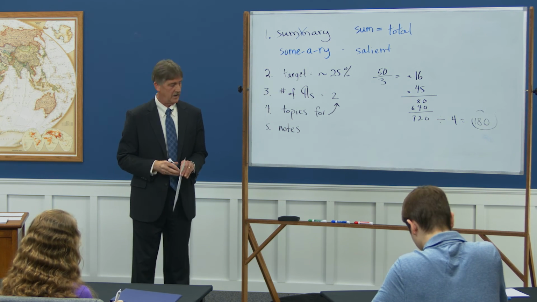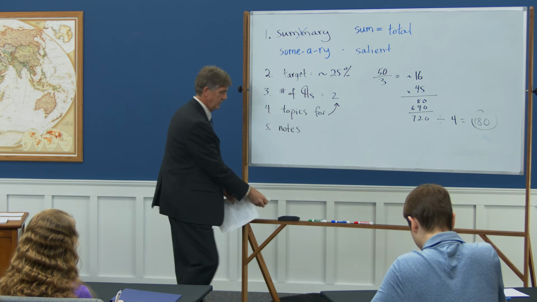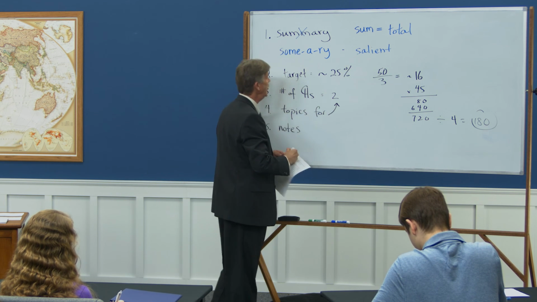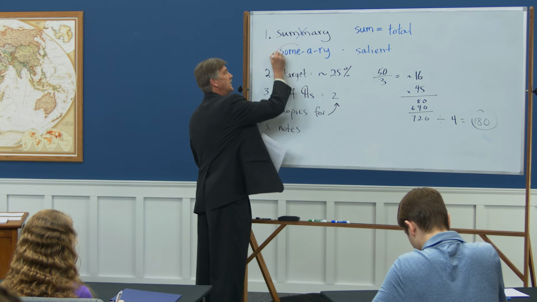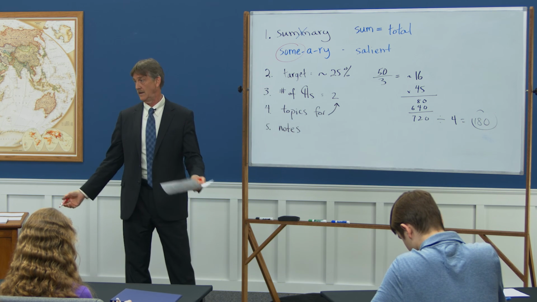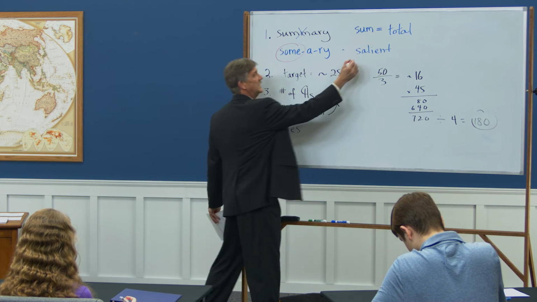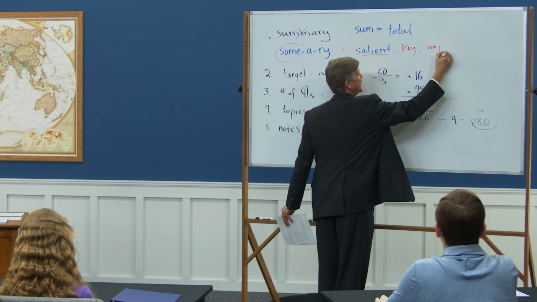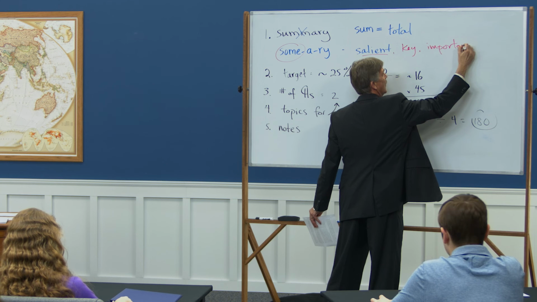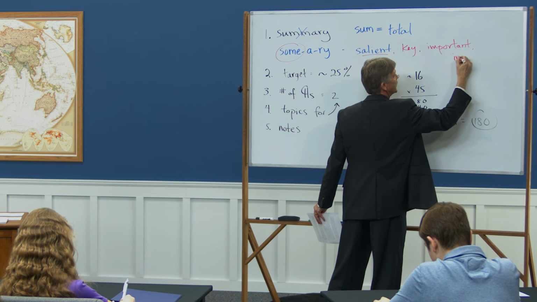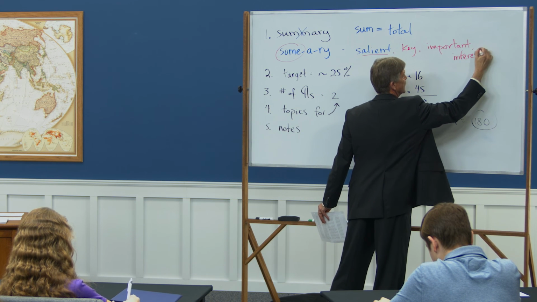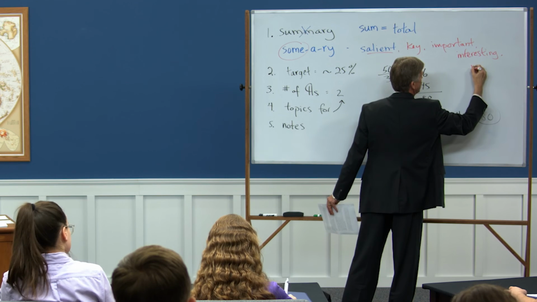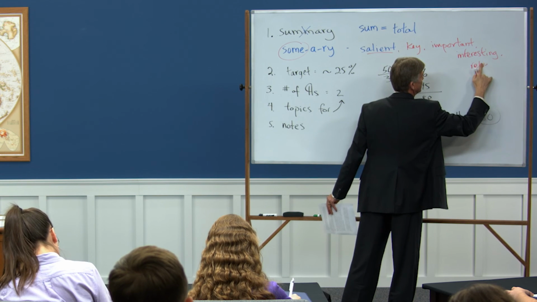Now, the trick of summarizing, of writing a summary, is to figure out which sum of it you're going to tell. The salient, the key ideas, the most important, or in some cases, the most interesting. Or you could also use the word relevant.